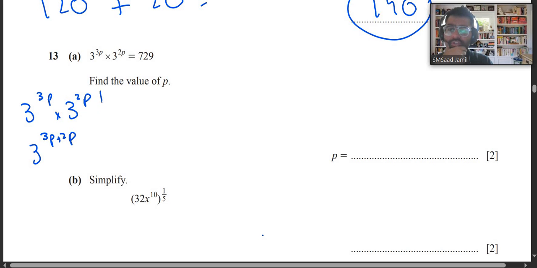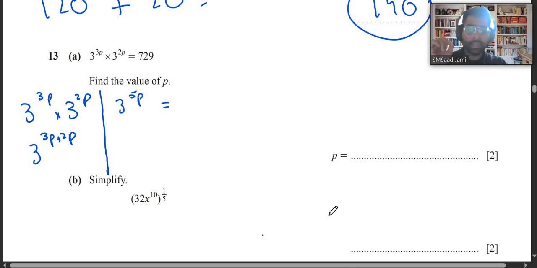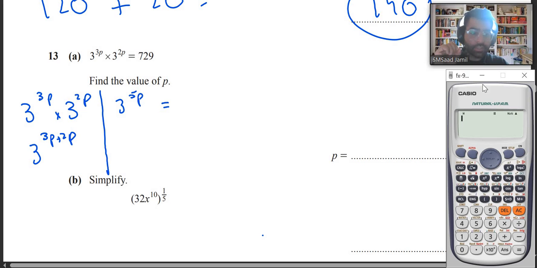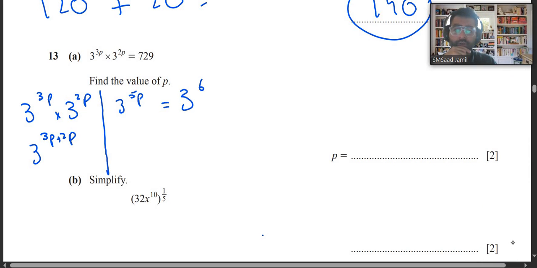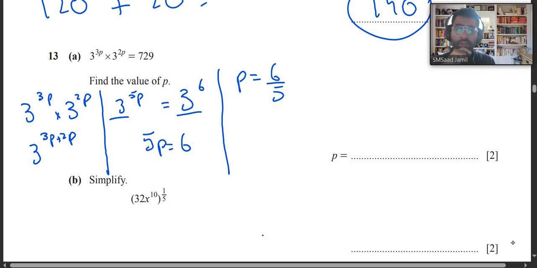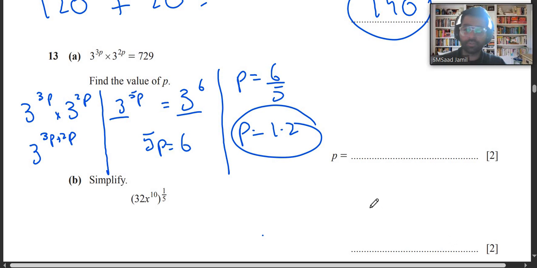So this is actually 3 raised to power 5p equals 729. Now if you use the calculator, 3 raised to power 6 is 729. So 3 raised to power 6, bases are same. This means 5p is equals to 6. P is equals to 6 divided by 5, P is equals to 1.2, and that's how you get your answer.